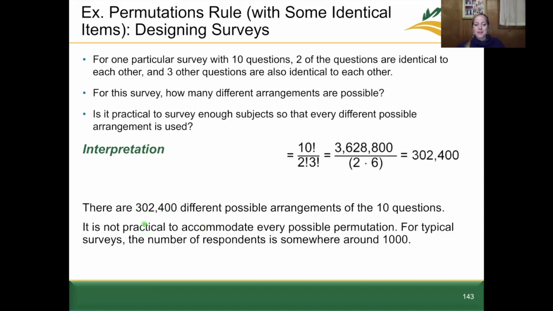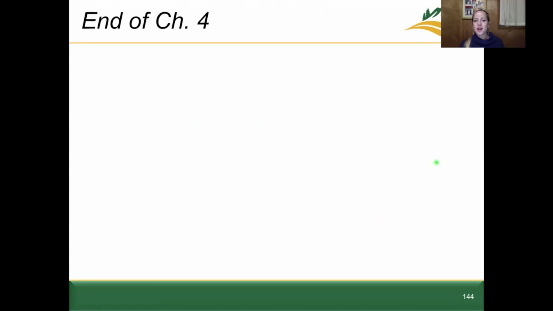From that number, it really is not practical to accommodate every different possible permutation, because this would mean that we would need 302,400 different respondents to respond to our survey. As a ballpark range for typical surveys, the number of respondents is somewhere around 1,000. So to answer this question, no, it would not be practical to survey enough subjects so that every different possible arrangement is used. We're at the end of chapter 4 here.